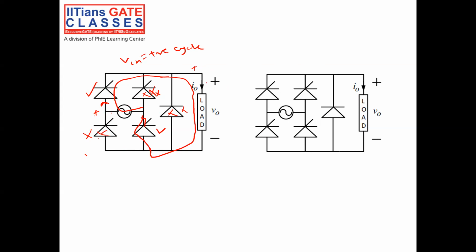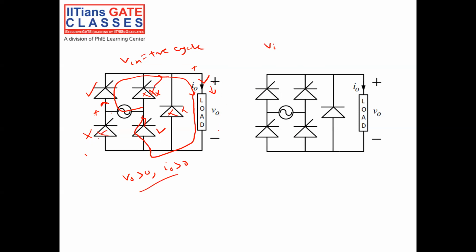So V0 will be positive, and I0 also will be positive because the current is flowing like this only. So I0 is positive and V0 is greater than 0, and I0 also greater than 0 because current is flowing like this only. So V0 is like this only because positive will come here. So this is the condition.